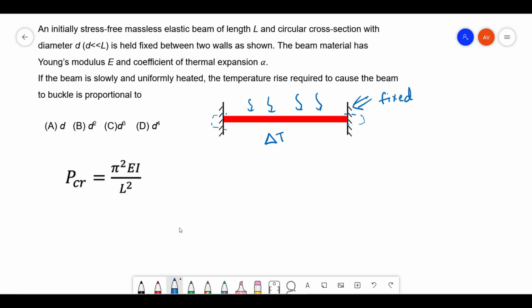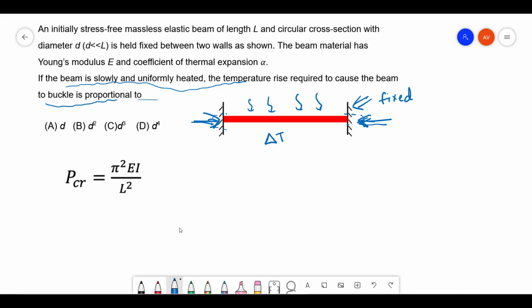So because of that, some stresses are induced. The assumption is that the beam is slowly heated and the buckling is happening due to this resistance. The resistance is happening from both sides because of uniform heating.